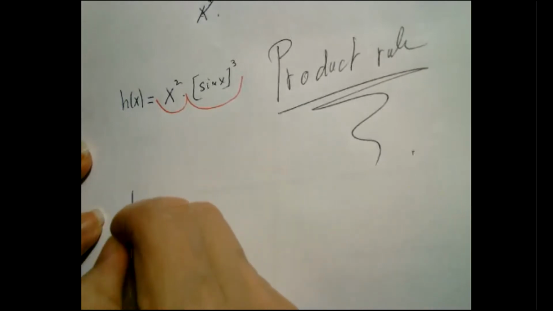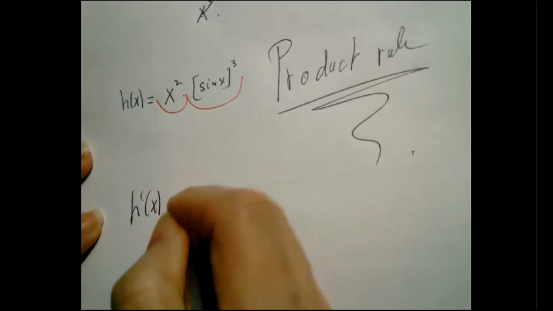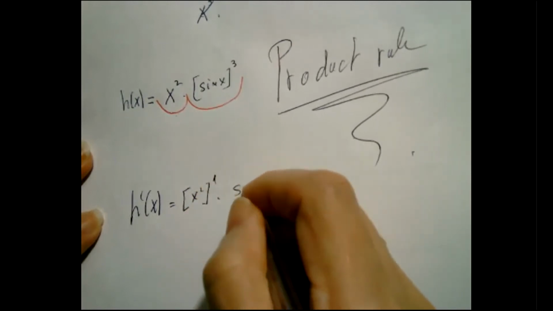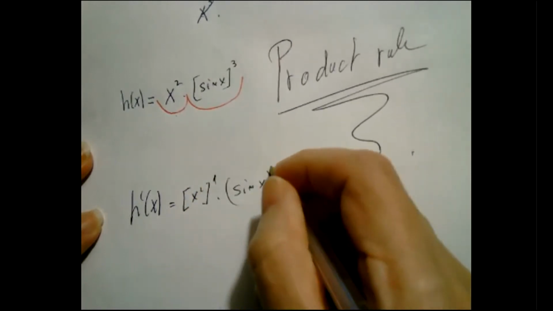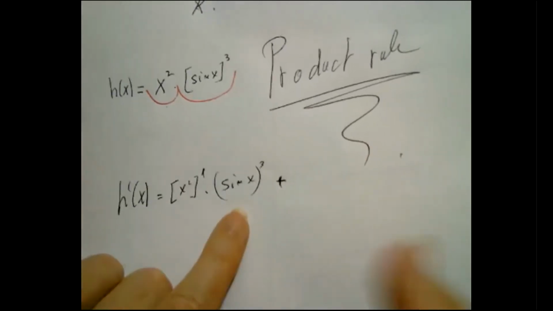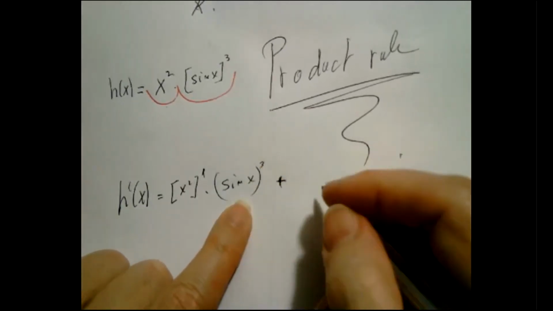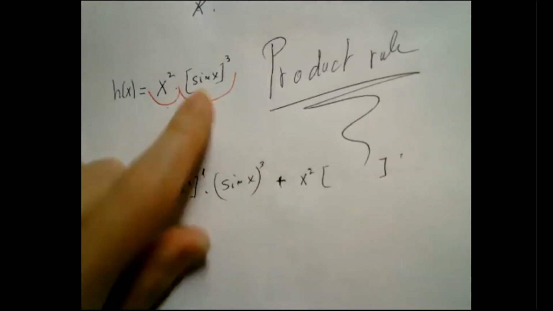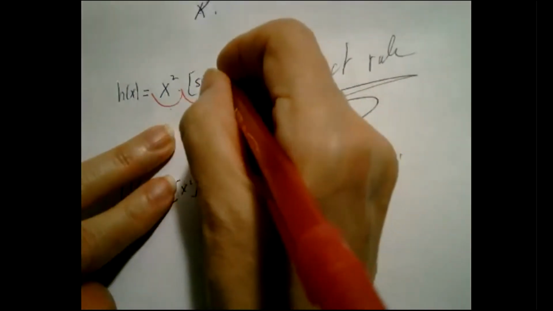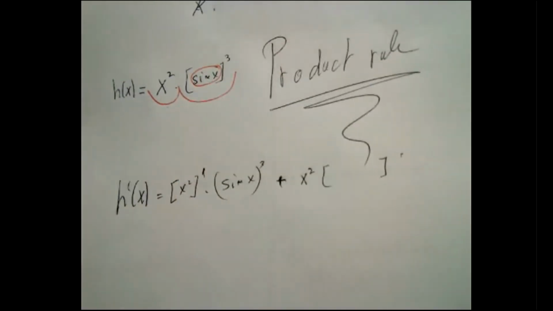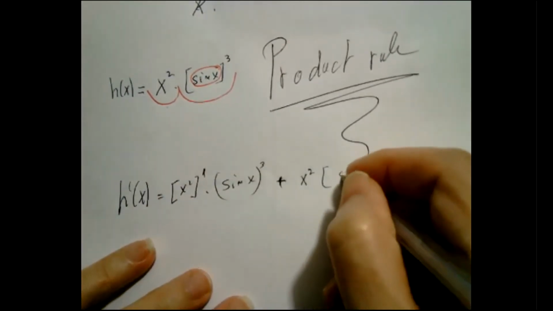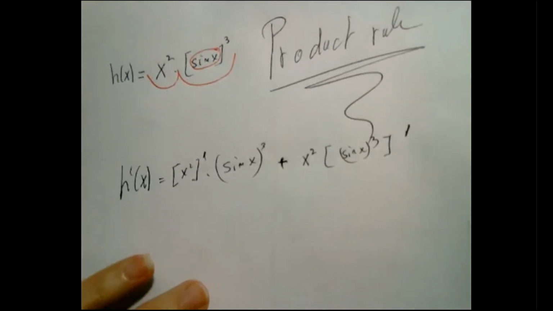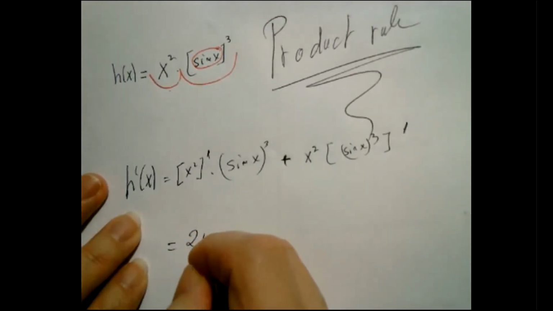So what the product rule will tell me is the derivative of x squared times, so now we're not really solving our problem, but we're solving a very similar one, plus x squared times the derivative of sine x. Right now is where I'm going to use the chain rule for that. So times the derivative of sine x to the power 3.